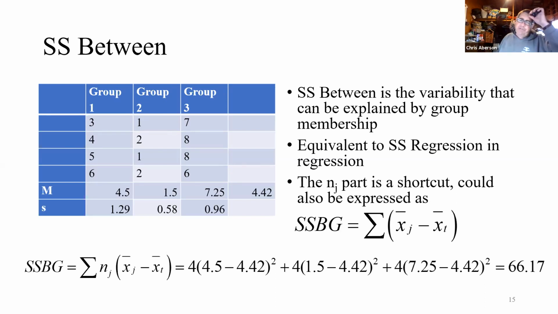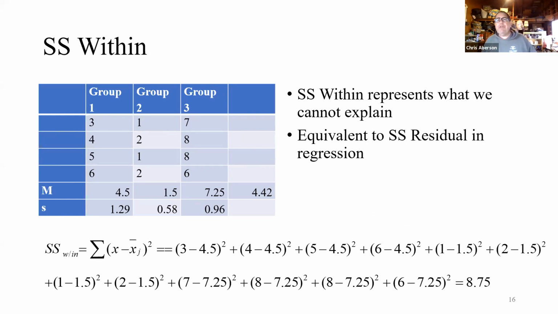We can express this in 2 different ways. I could do this 4 times for each of the individual scores, or I could do the shortcut here: 4, the number of scores, times 4.5, the first group mean, minus 4.42, the grand mean, and so on for all of the groups. We do this and it's 66.17. Again, that's not interpretable, but if we think about that in terms of how much of the total it is, that's a pretty big chunk.